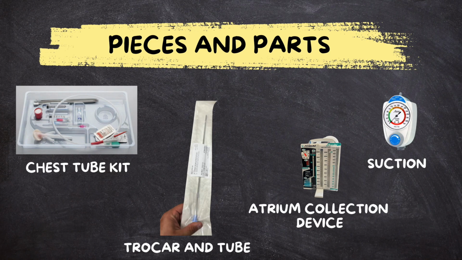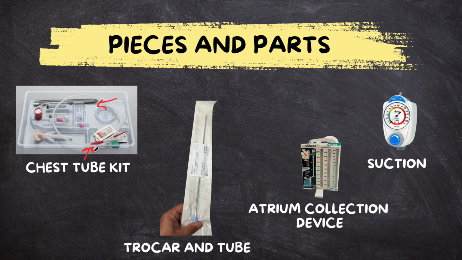So if this is something that he can use a smaller chest tube for, there's a lot of facilities that have chest tube kits where everything comes in the kit. So like here, this chest tube kit has got everything you need. You've got a tube, you've got wires, you've got needles, you've got dilators.